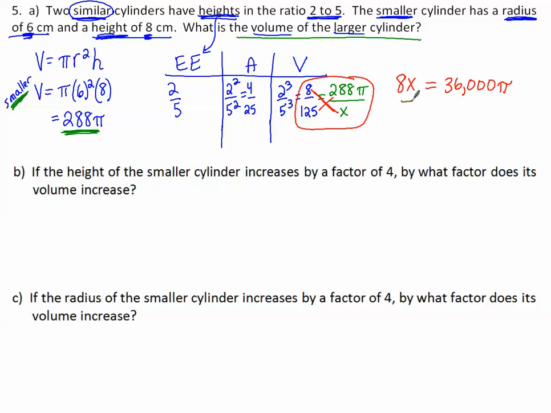Then I have to get rid of the 8, so divide both sides by 8. 36,000 divided by 8 makes 4,500, and then I have the pi.